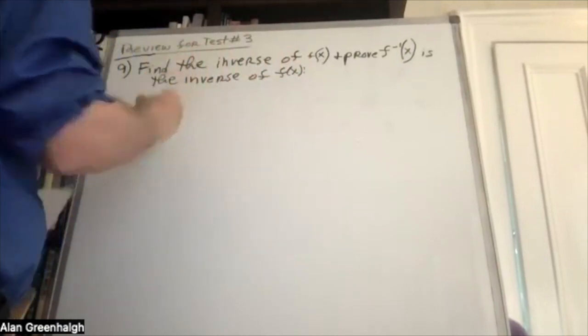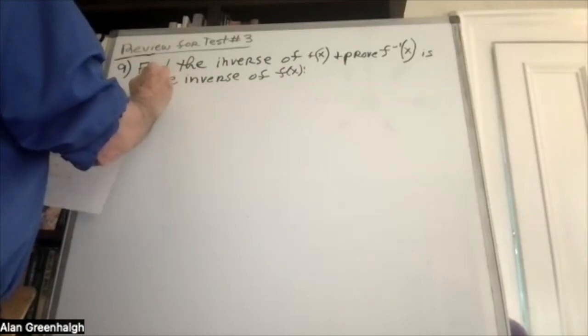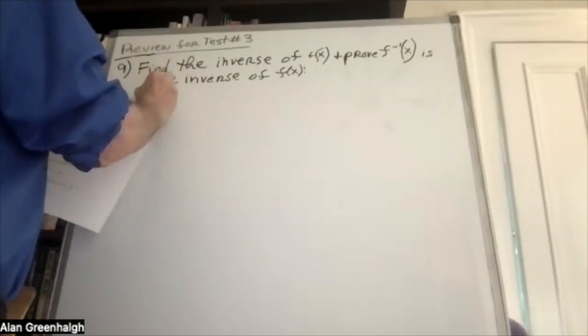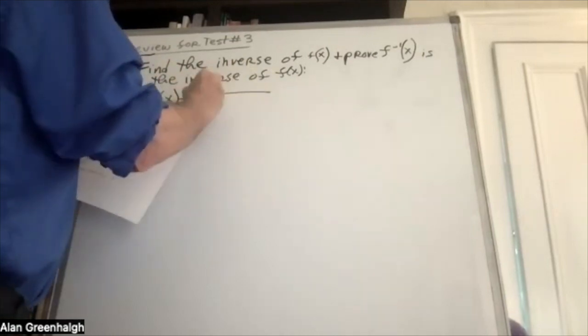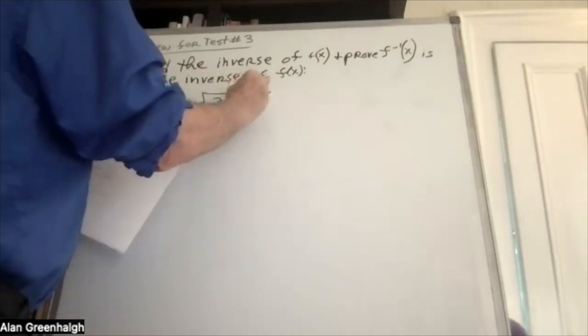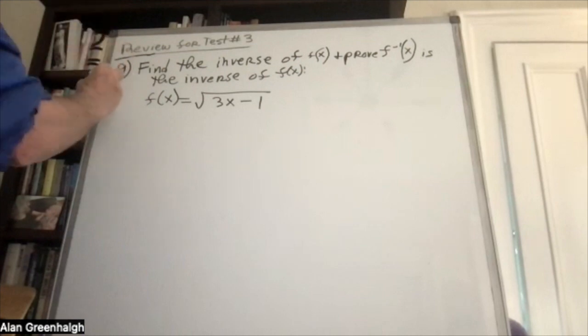So this problem really, and the function, I should indicate, the function is equal to the square root of 3x minus 1. Let's do part 1.